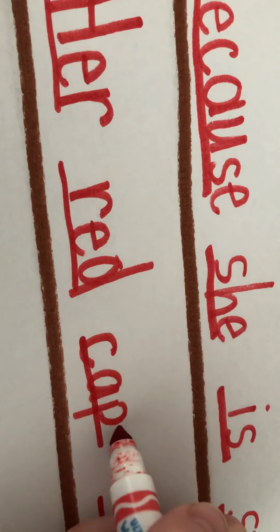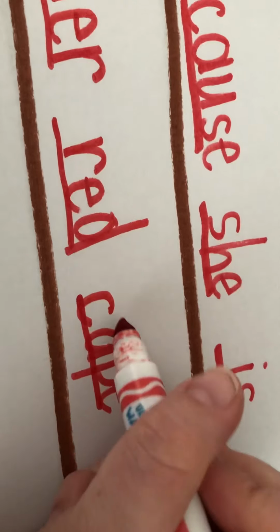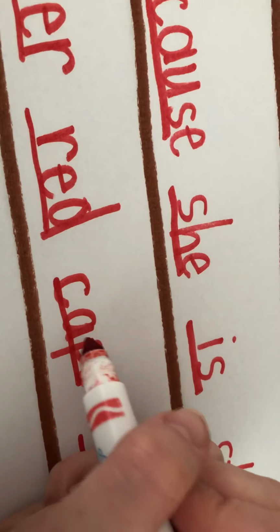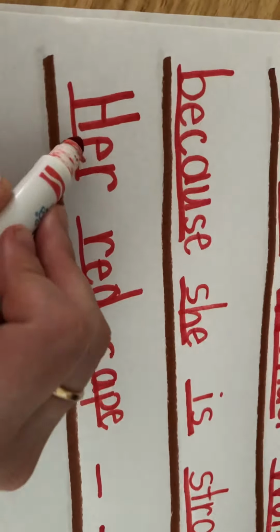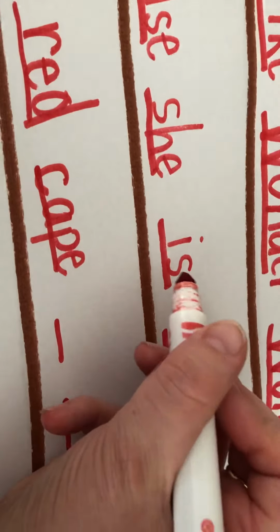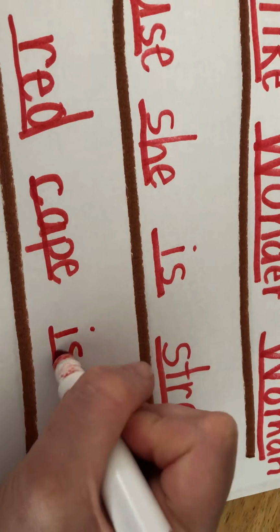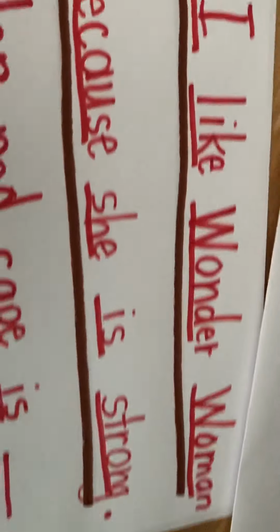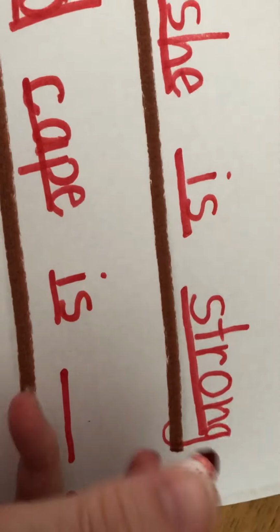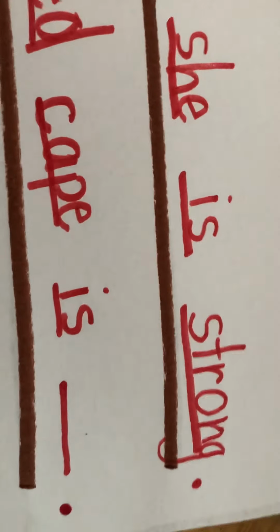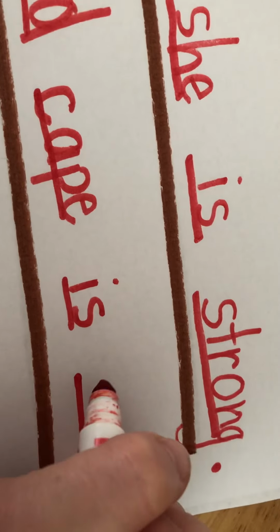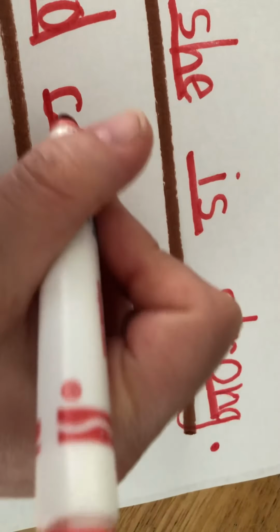Cape. Remember that silent E's making A say A. Listen. Cape. Her red cape is, there's the word is, cool. Cool. Sometimes k is C, sometimes it's K. In this word, it's k, C, like cape.